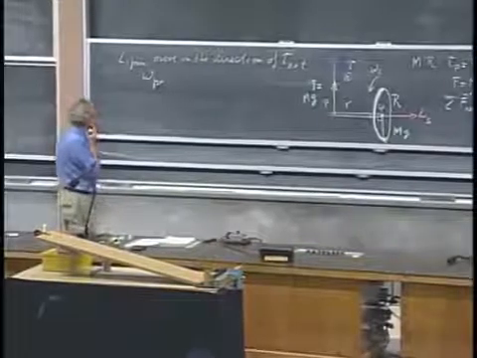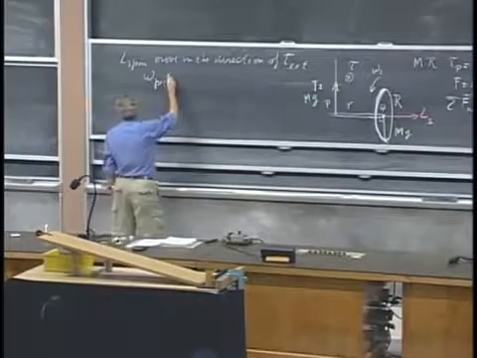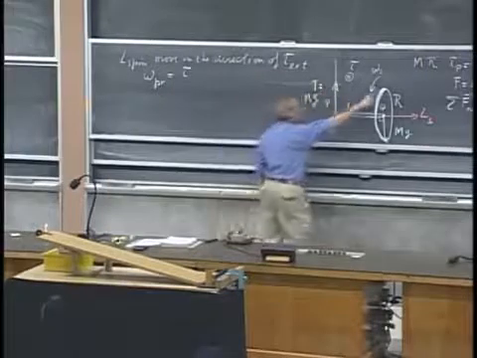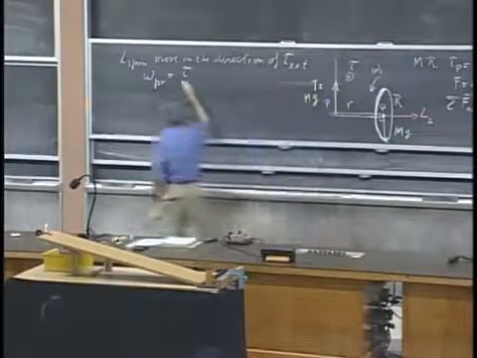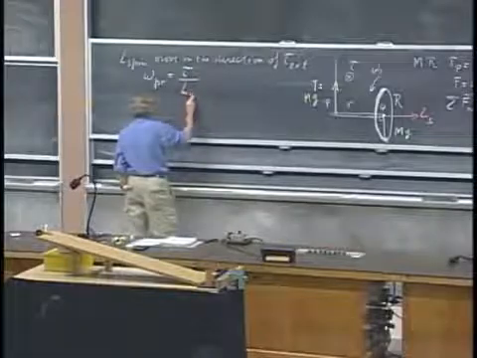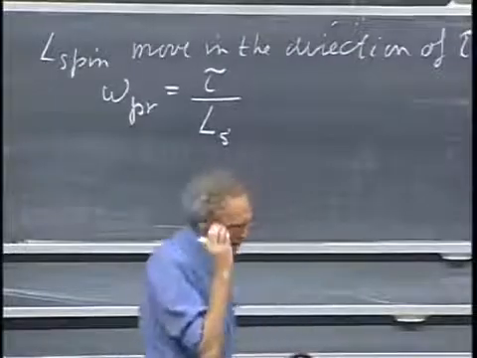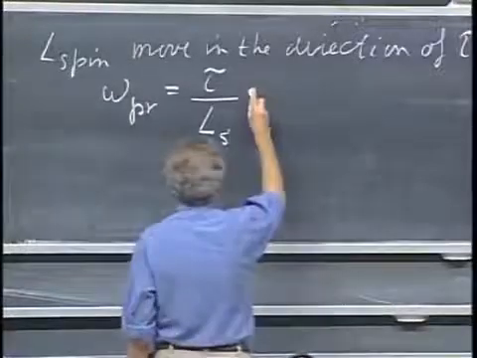I will not derive it here, but what comes out is that it is the torque, the one that we have here in this case, divided by the spin angular momentum. That gives you the frequency of the precession.